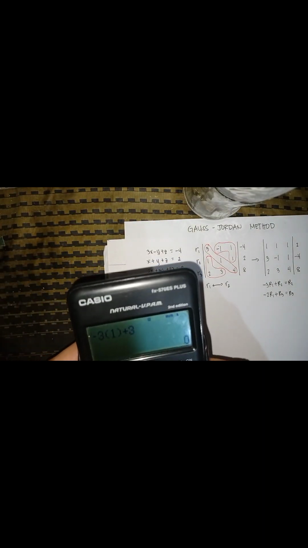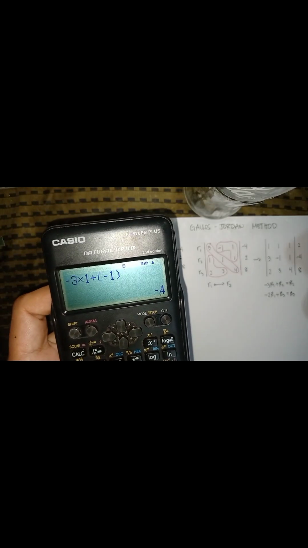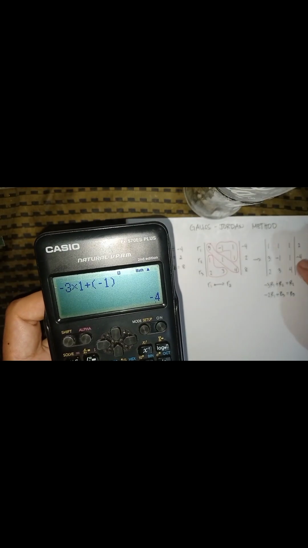For the second column, we have negative 3 times 1 plus negative 1. It will be negative 4. Then we just do the process again for column 3 and column 4 in row 2. So we now have row 2 changed.